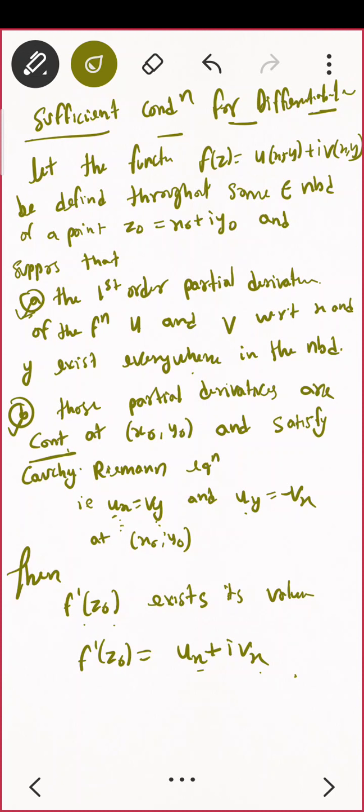So this is what we want to prove. Okay, shall we start?